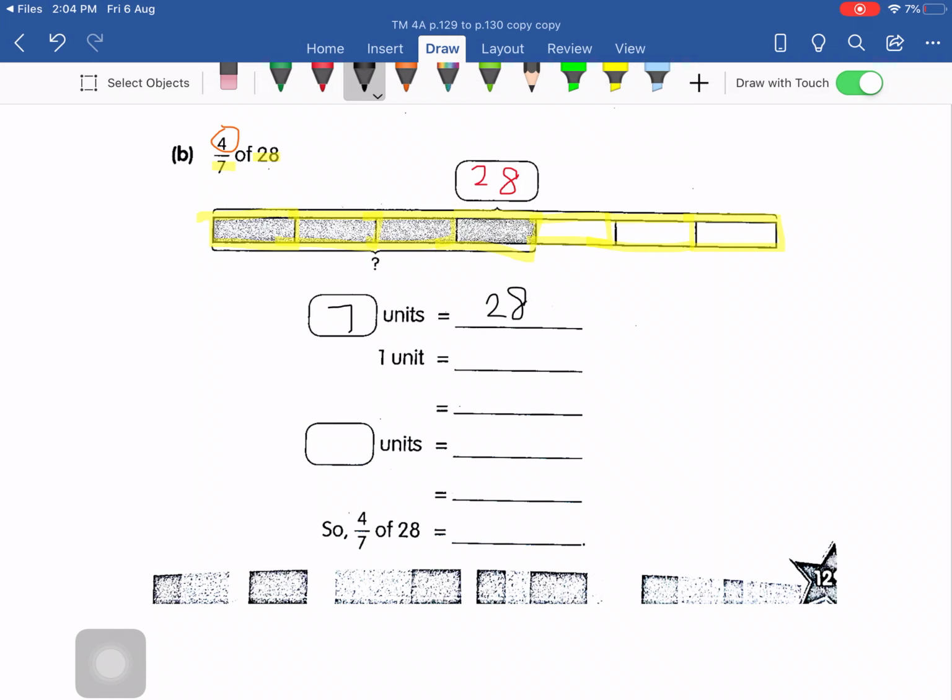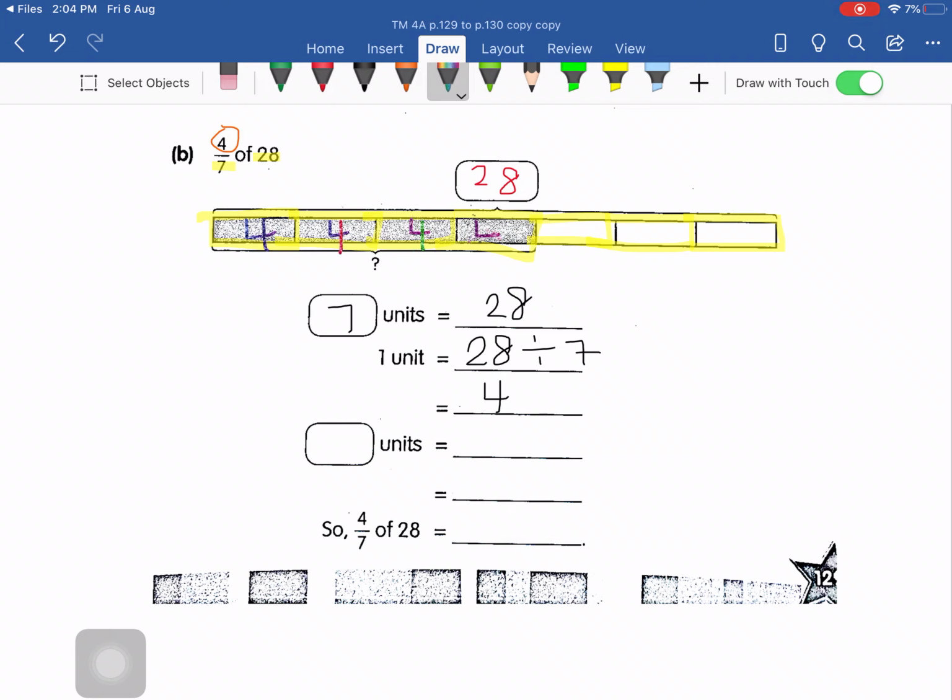To find how much each group represents, or each unit is, we split 28 equally into 7 groups. So we found that each group is 4.